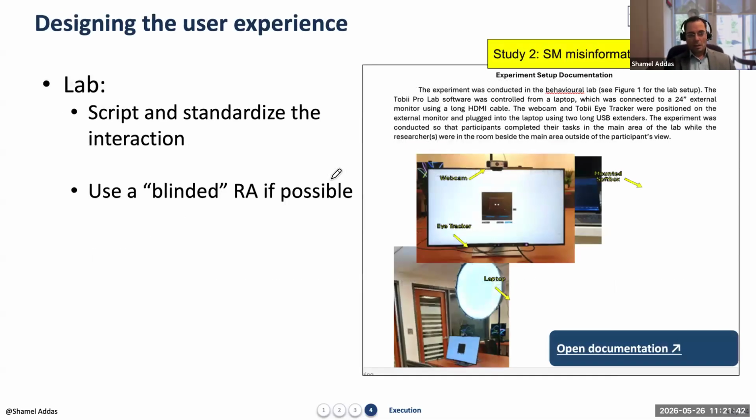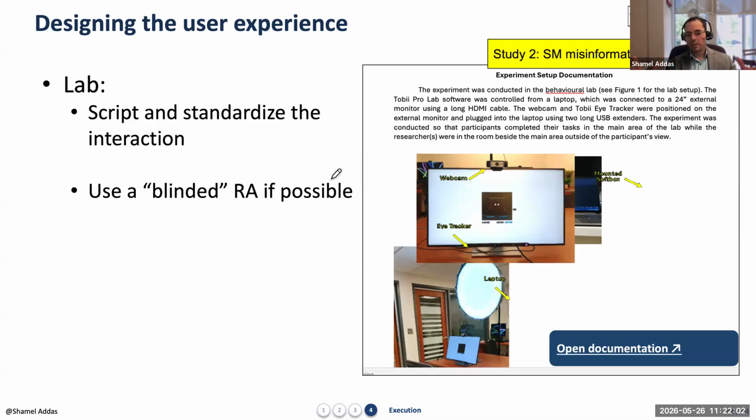Okay. So for the lab, something that I did recently with my PhD student was a study where we had eye tracking and we were doing facial expression. There was a lot of behind-the-scenes work.